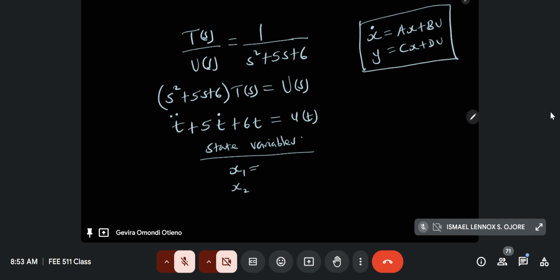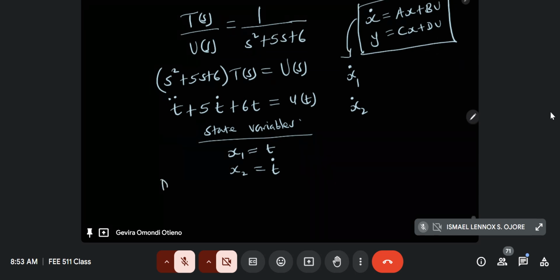So the first one would be T, and then the second one would be the derivative of T. Okay, so now remember, we are looking to write our equation such that on the left-hand side, for the state equation, we need to have x1 dot and x2 dot, the derivative of x1 and derivative of x2. That is why we differentiate, such that we can have on our left-hand side x1 derivative and x2 derivative. That's what we're looking to find.